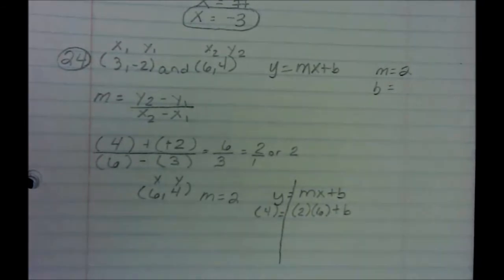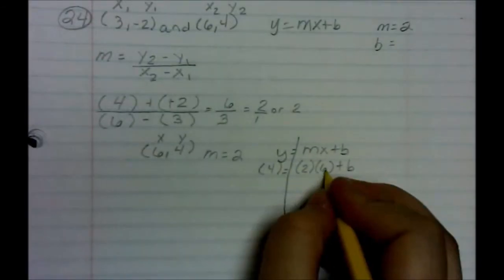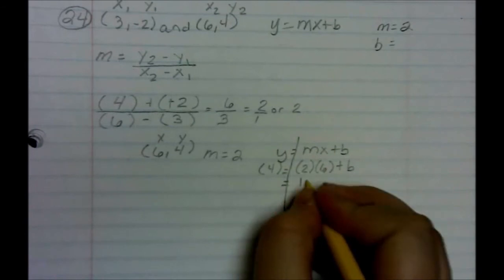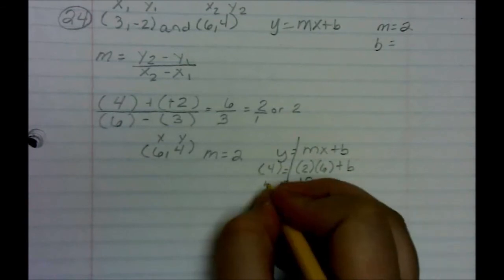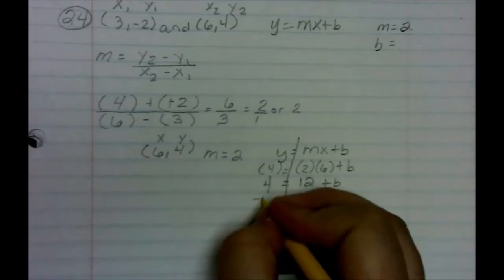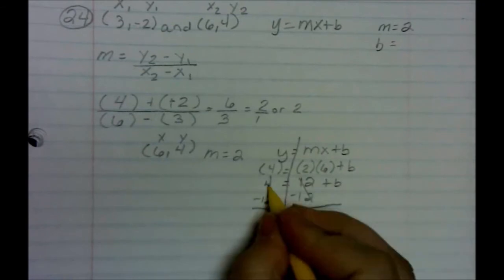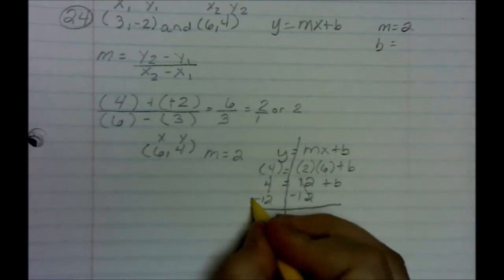So to find this, I'm going to multiply 2 times 6 to get 12. Then I'm going to subtract 12 from each side. 4 minus 12 is -8.